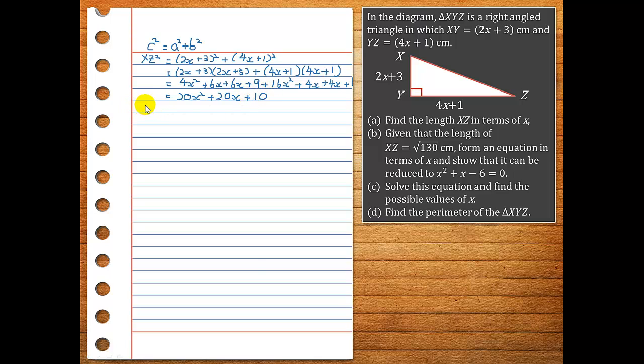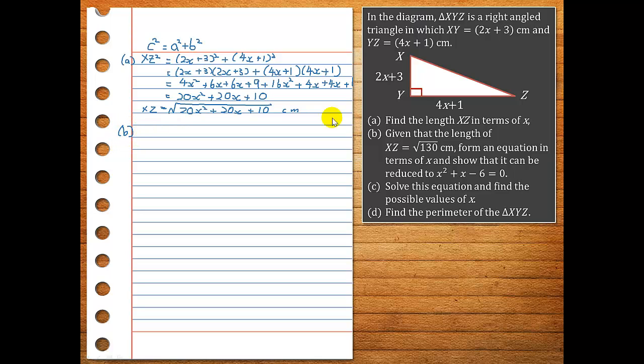And hence, we have the length XZ equals to, how do we remove the square here? Yes, we will square root 20x squared plus 20x plus 10. Now, we do not need to write the plus minus sign here because a length is only positive, and hence we will just write it as positive square root. Always remember to label your answers properly.